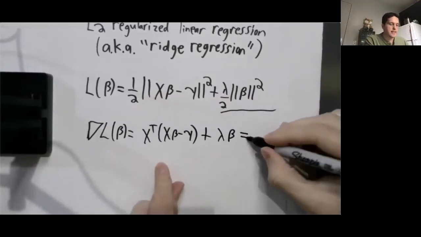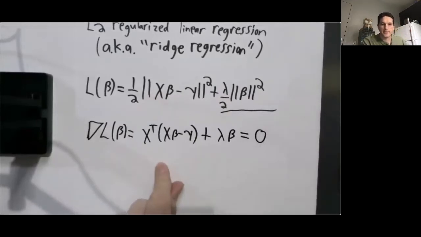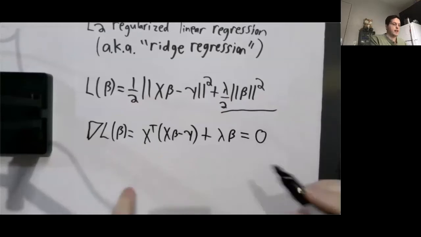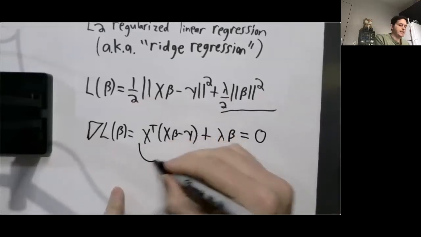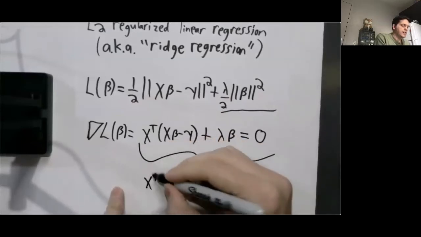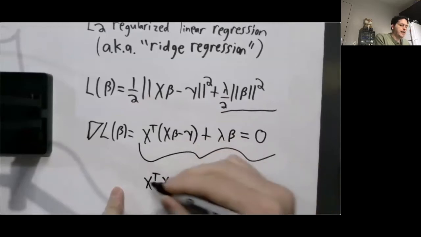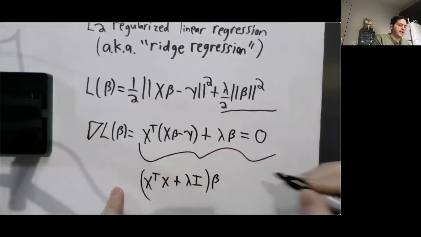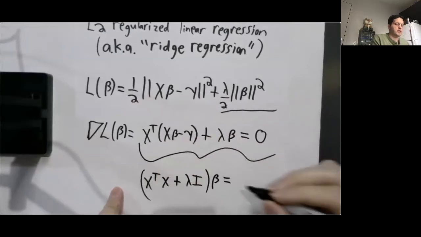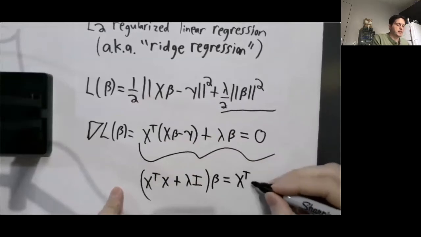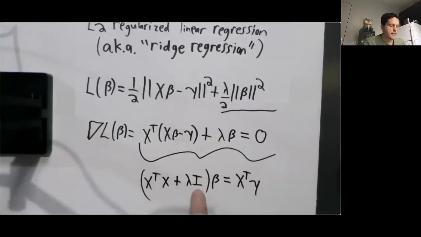Now let's just set the gradient of L equal to 0 and solve for beta. We can rewrite this as (X transpose X plus lambda I) times beta is equal to X transpose times y. Here I denotes the identity matrix.